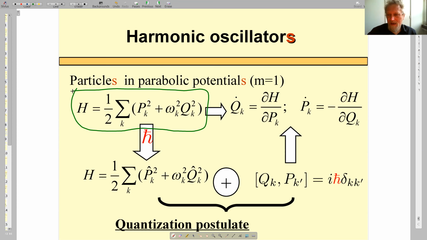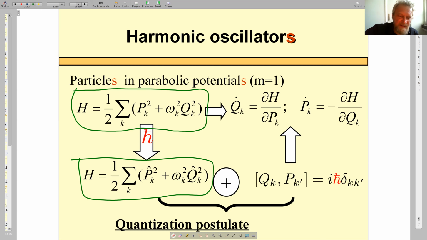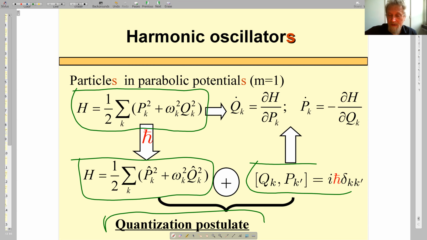It involves summation over many independent oscillators. We want to quantize it. We promote them to operators. And then we need to assume something about commutation relations, and this is what we assume.